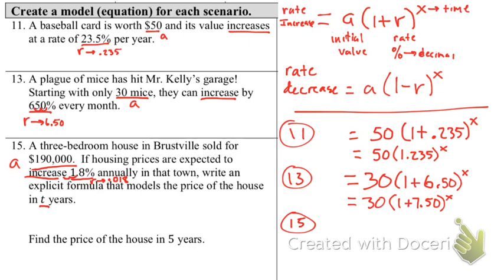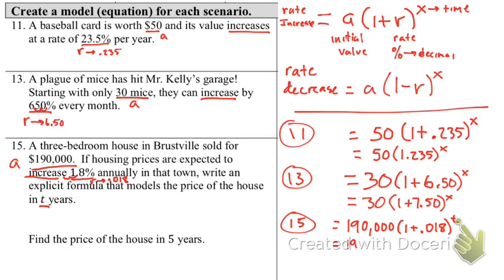So let's set up the model. My A is 190,000. One plus, it's an increase of R 0.018. And instead of X, we're using T for years. Okay. Let's clean this up.